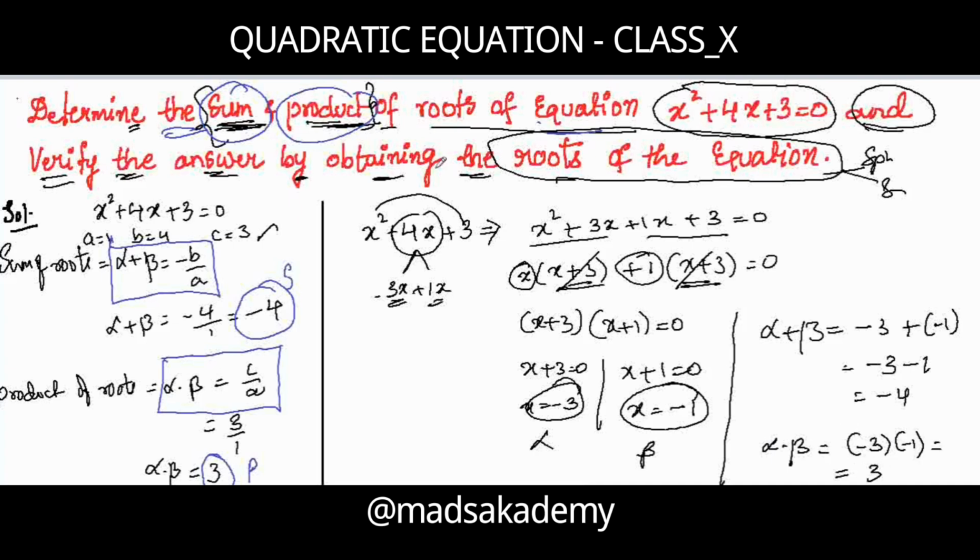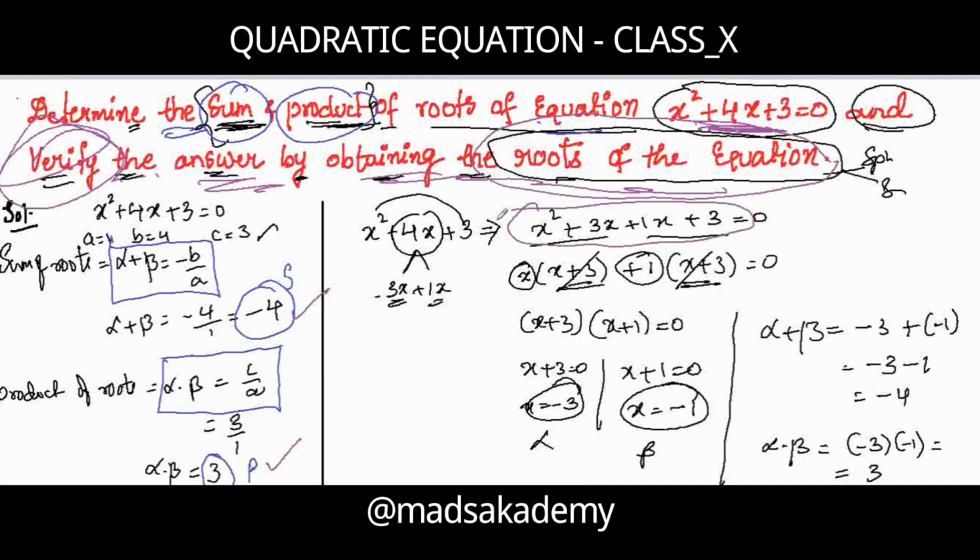So once you observe here, the justification of the question. Determine the sum and product of the equation. This is a quadratic equation. I found the sum and product by using the formula, and then verify. What is verify the answer by obtaining the roots? First I solved the quadratic equation by splitting the middle term. I got the roots as this.